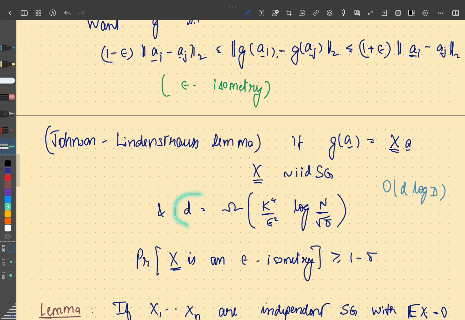There's a slight change, but not significant change, to the little d that can be achieved, and you can still guarantee that X is going to be an epsilon isometry with very high probability.